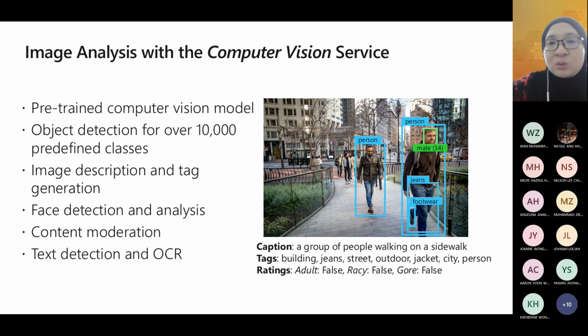And rating, for example, adult is false, racy is false. So that's an example for image analysis.